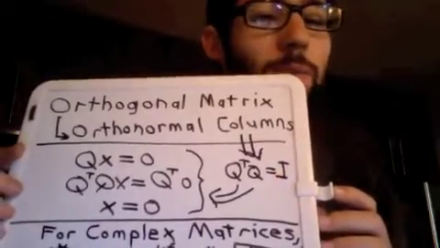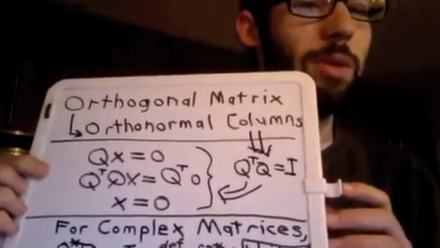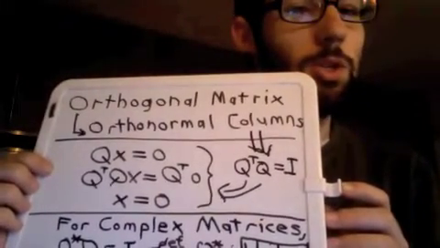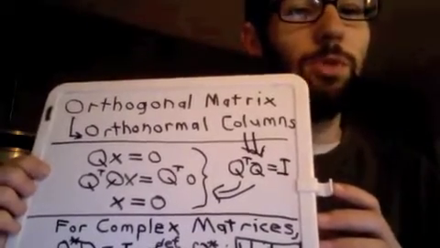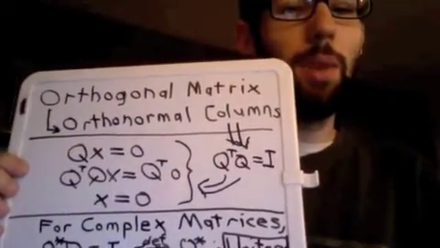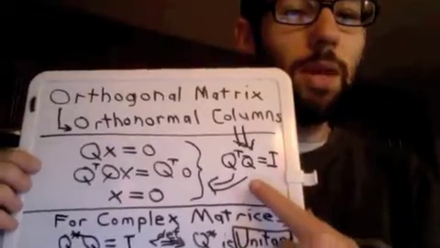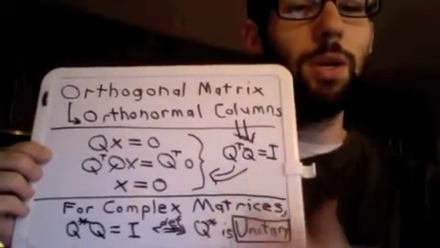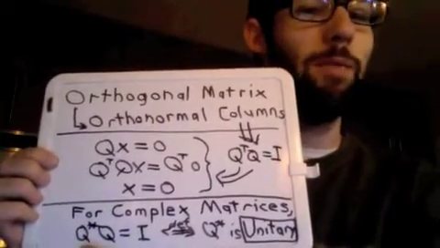One thing that's not on the handout: the handout is written entirely in terms of real vectors and matrices, which is all we usually use in Chapter 3 and in this semester. But for those of you, especially math majors, who go on to look at complex matrices or matrices with complex numbers, we know that when we take the transpose of a matrix in the complex world, we usually do two things. We take the transpose and the complex conjugate, like put a bar over everything.